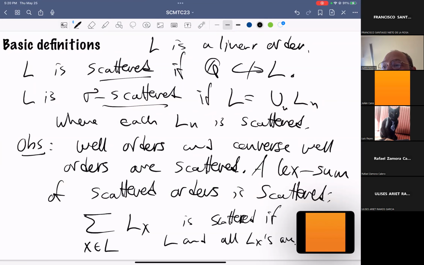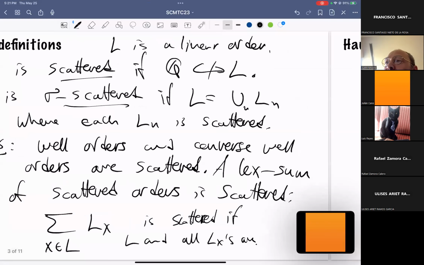What does this mean? It means I take a new linear order whose underlying set is a disjoint union of the L_x, where the L_x are each linear orders. You order everything in a single L_x the way L_x tells you to. And if you have something in L_x and something in L_y, and x is less than y, then you put everything in L_x before everything in L_y.